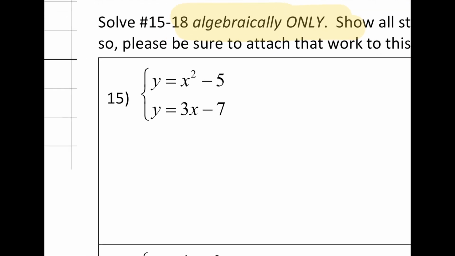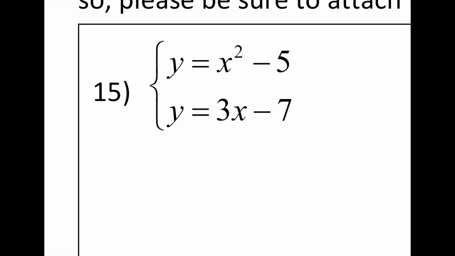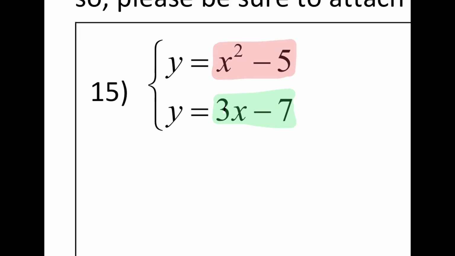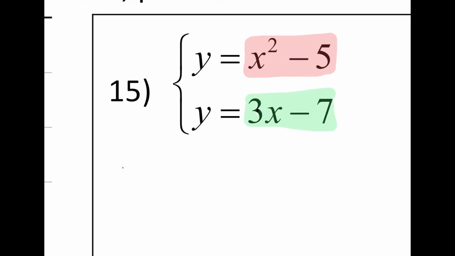Now, the approach here is, after you've checked that the equations are both in y equals form, you take the stuff on the other side of the equal sign, whatever y is equal to, and you set those two things equal to each other. So I'm going to start here by writing x squared minus 5 equals 3x minus 7.